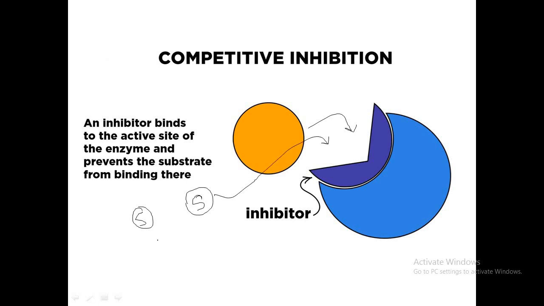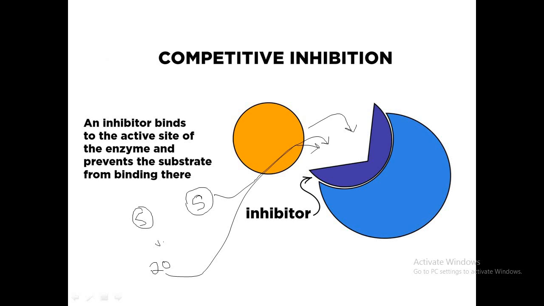Now if you increase the amount of substrate molecules to, let's say, 20, there is a chance that the substrate will bind, because the availability of substrate is very high compared to the inhibitor. Almost all the time the reaction is occurring, the substrate is going and binding to the active site because the concentration of substrate is very high.